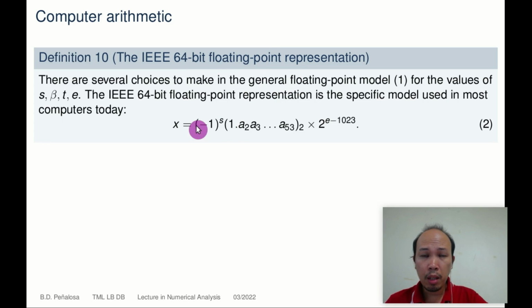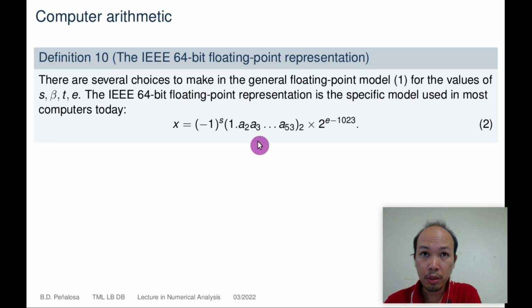What happened also before is that there were inconsistencies in numerical results in moving code from machine to machine. So this is the reason why they standardized in representing a number that today we are using.